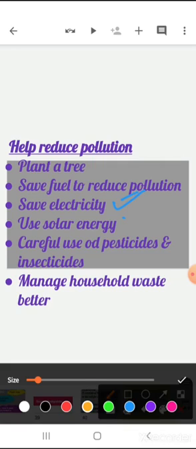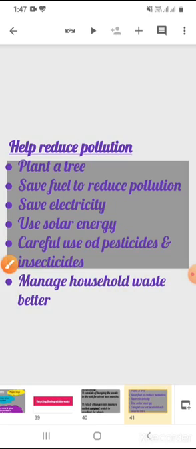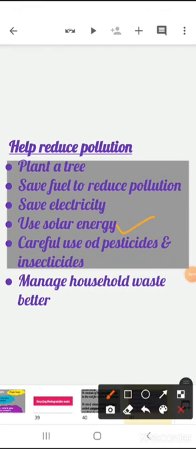Now we have the use of solar energy. It means we have to use alternative sources as much as possible. For example, we can use a solar heater on the rooftop of our house.